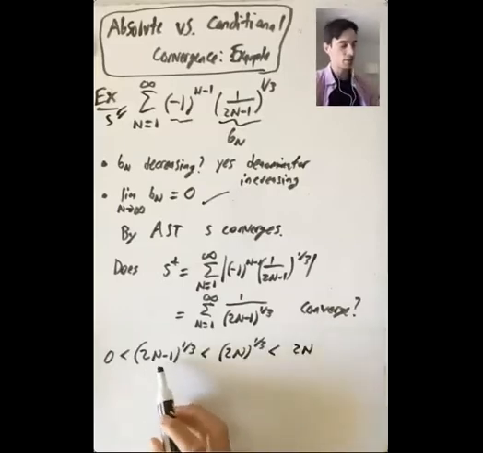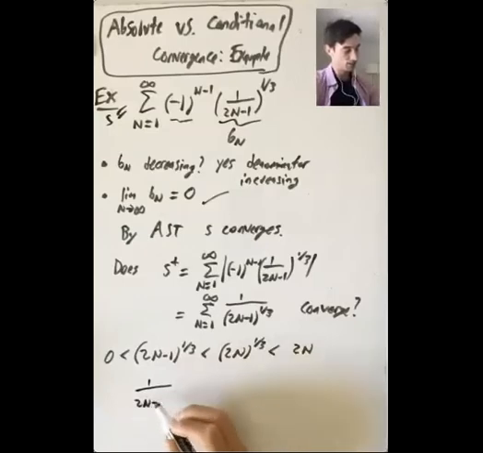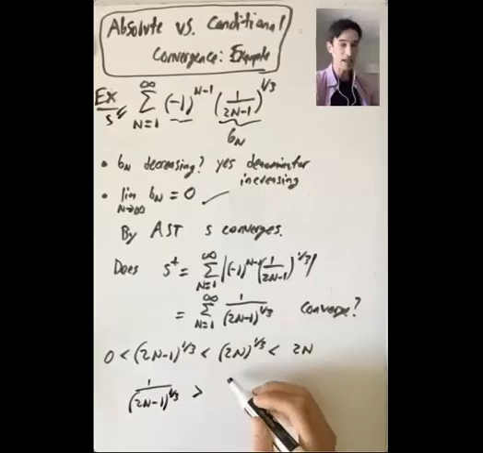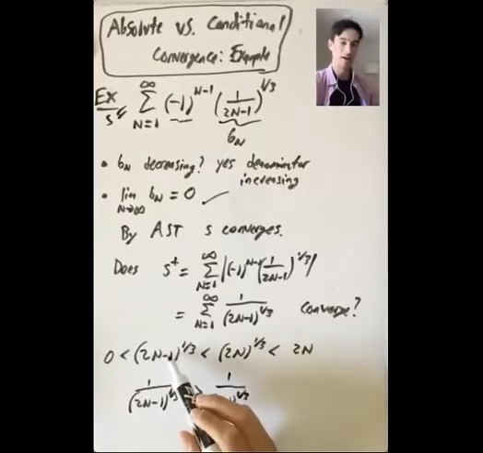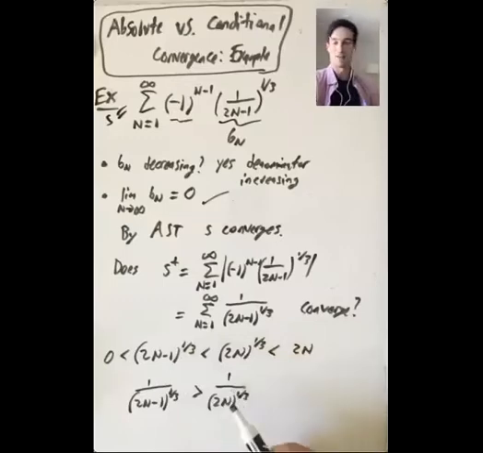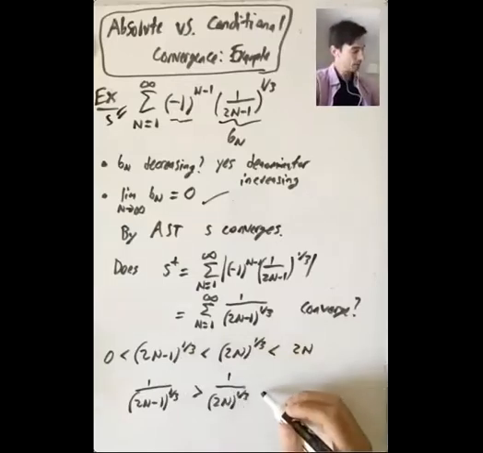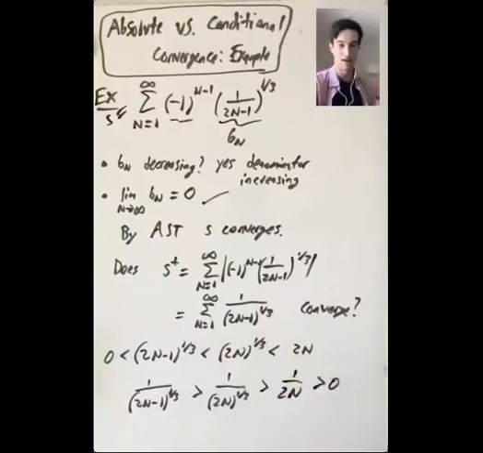But this question isn't really about a sum of (2n-1)^(1/3). It's 1 over (2n-1)^(1/3). OK, so here's the thing we really care about. This is now bigger than 1 over (2n)^(1/3), because if the denominator is smaller, that means the thing is bigger. And this is bigger than 1 over 2n, which is bigger than 0.